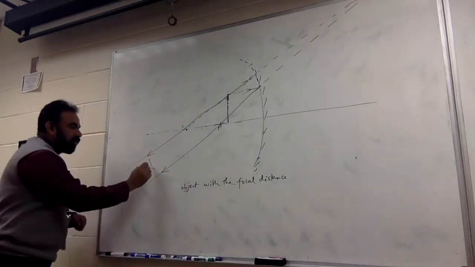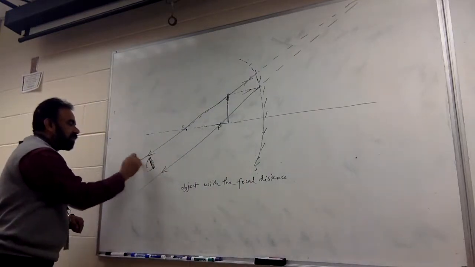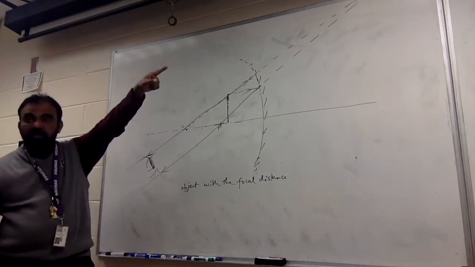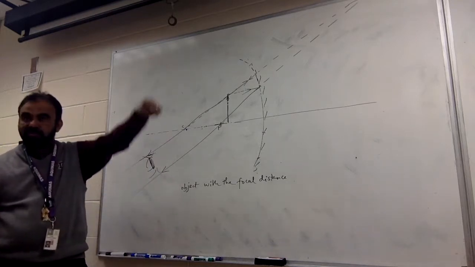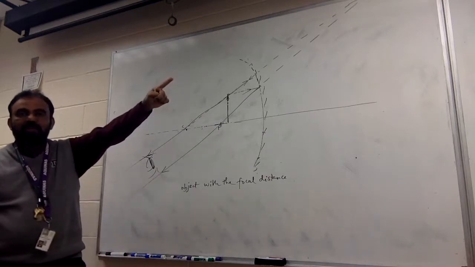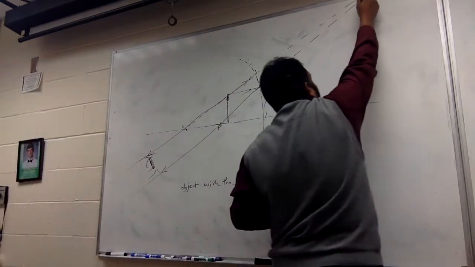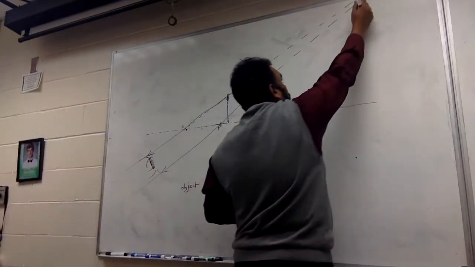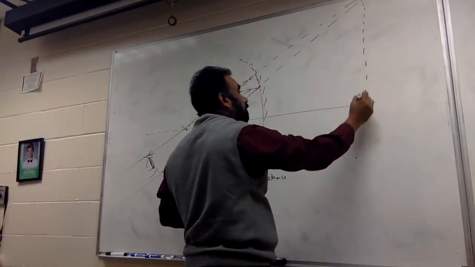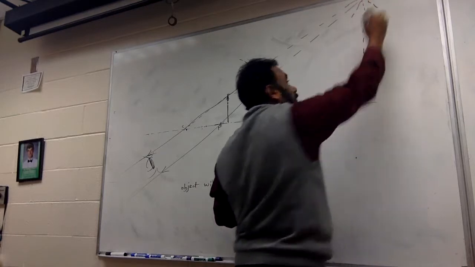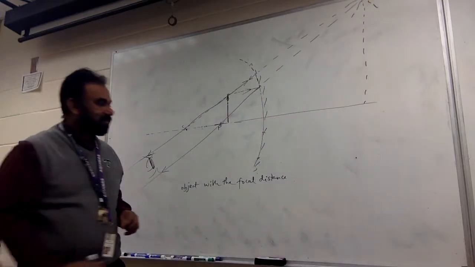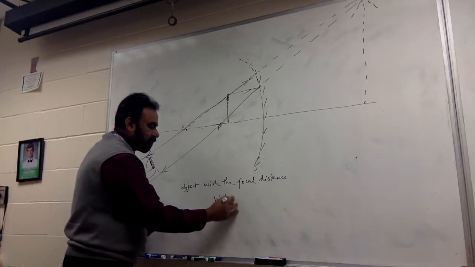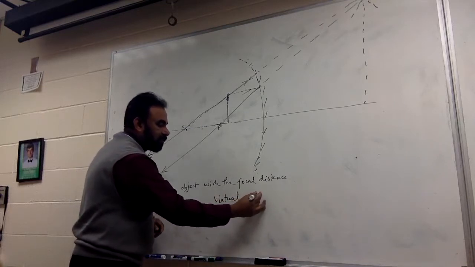Now if you look at these rays, they are appearing to come from there. It's only an appearance. So where is the image formed? Right there. So what kind of image is that? Virtual. That's why it's upright.